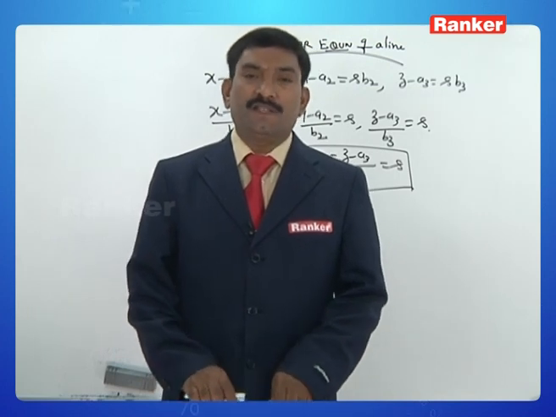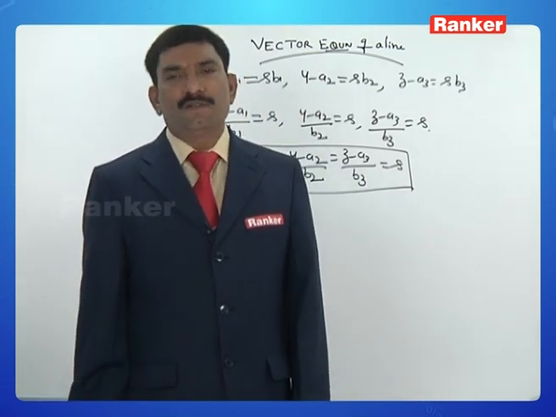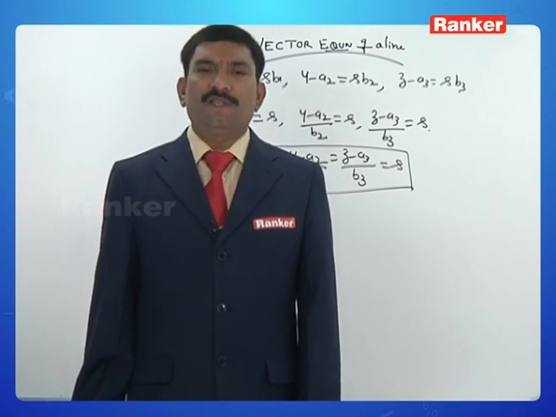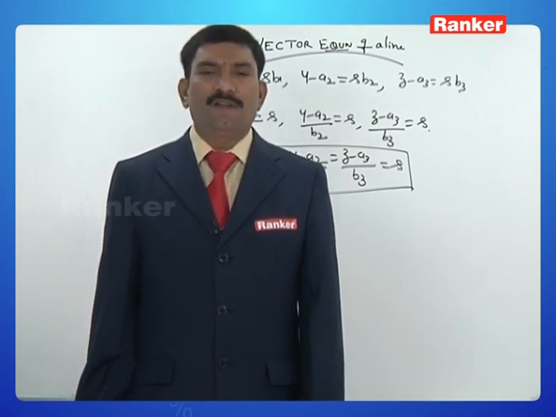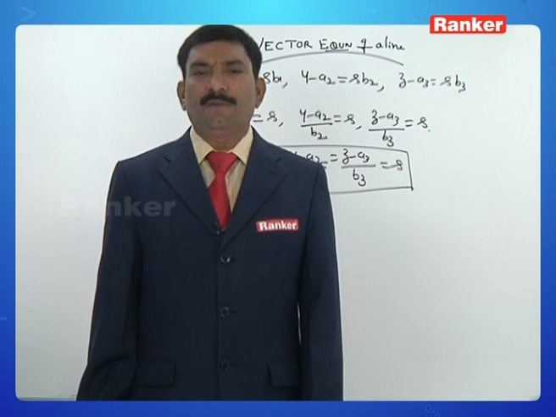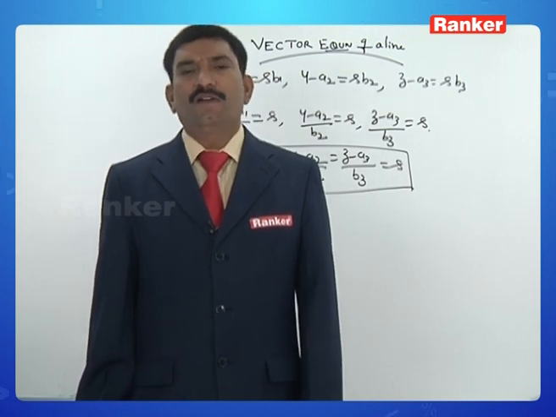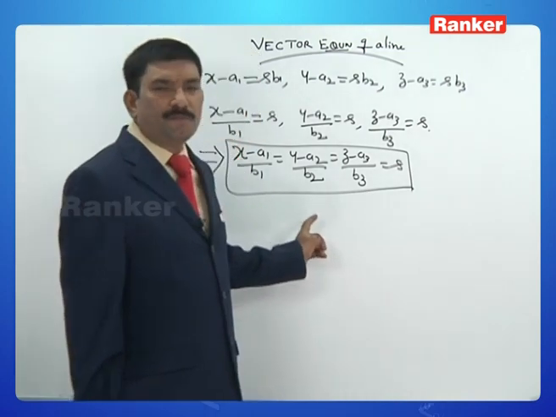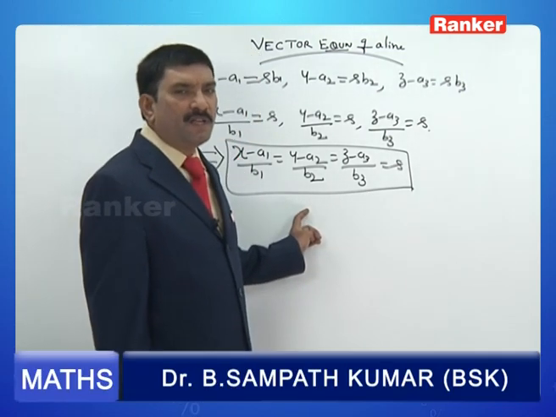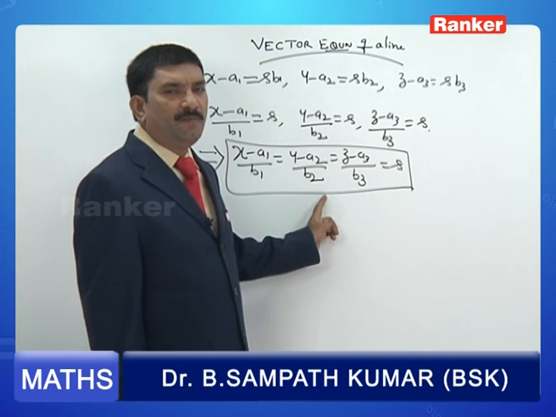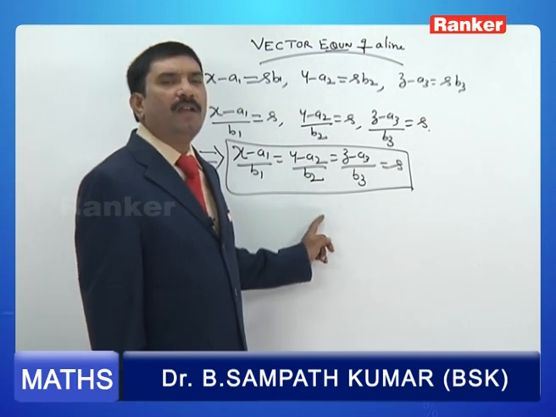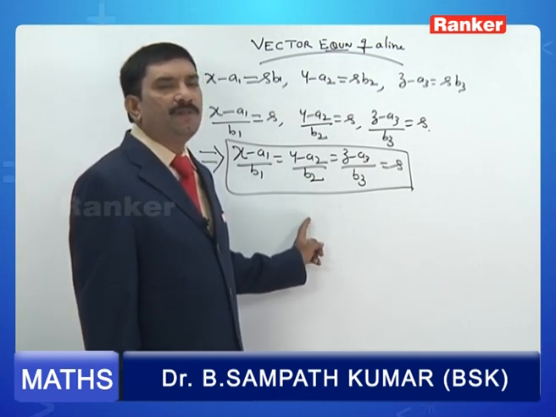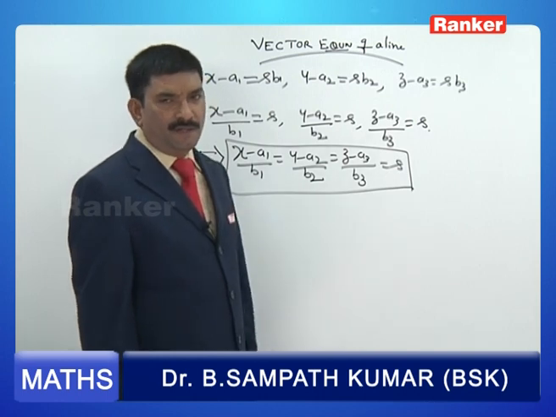Whereas in vectors, you'll have R bar is equal to A bar plus s B bar. That represents a vector equation of a straight line passing through the point A bar and parallel to vector B bar. This represents a Cartesian equation of a straight line passing through the point A bar, a1, a2, a3, parallel to the vector B bar equal to b1, b2, b3.